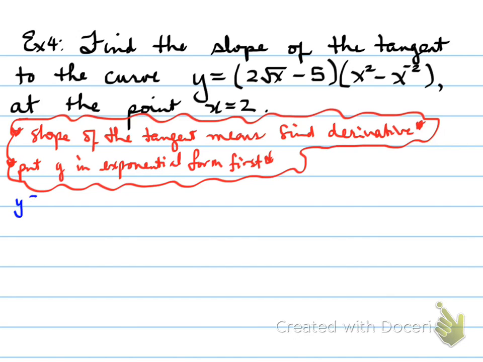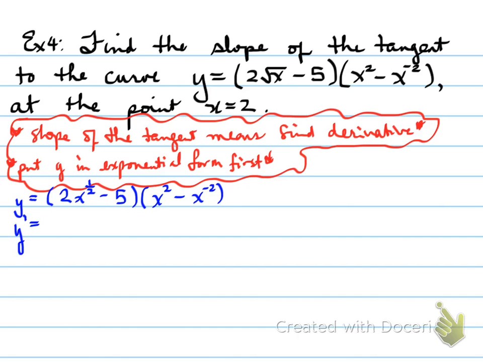So, to do that, you have y equals 2x to the power of a half minus 5 times x squared minus x to the negative 2. That is the original y function. Now we're going to find the derivative.